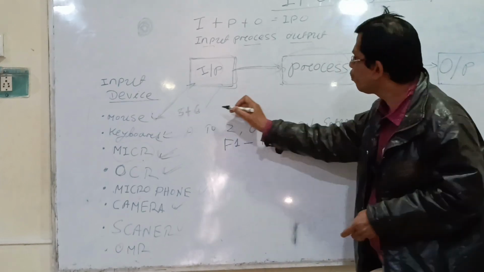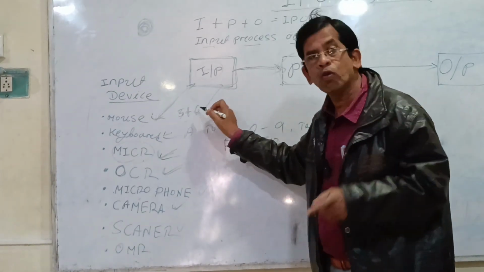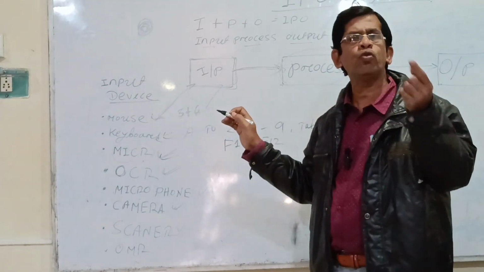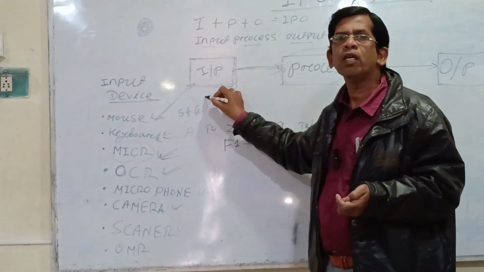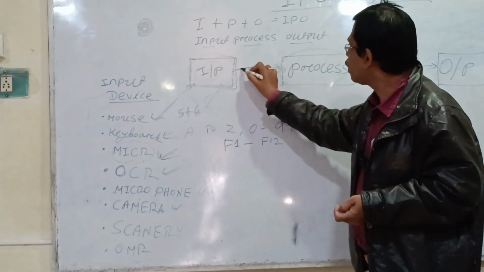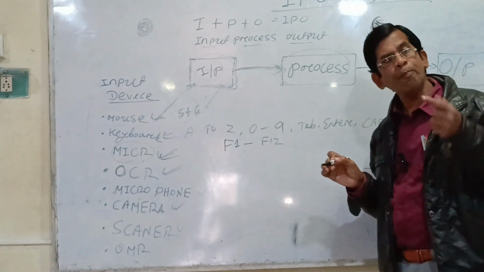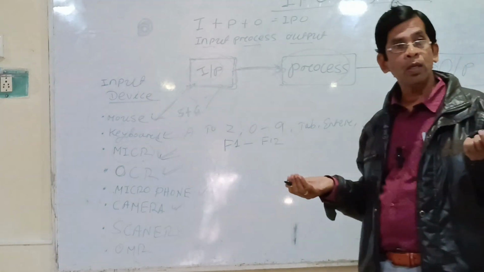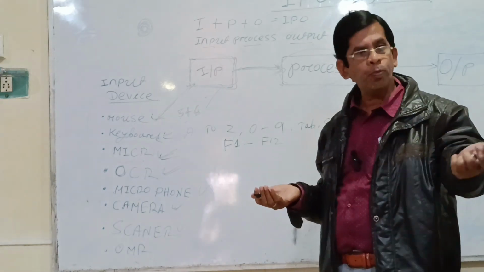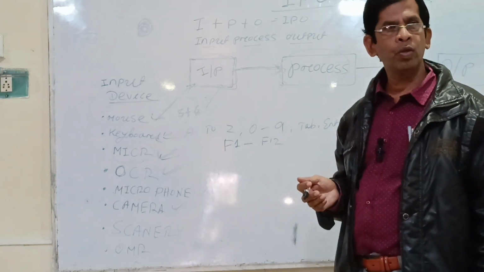Now in computers, the instruction is given through an input device, keyboard, mouse, or any input device. Where does it reach? The input section. And for the process, 5 plus 6, what is the result? It is processed by the processor, which is present in the CPU.